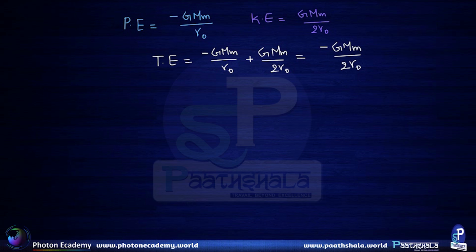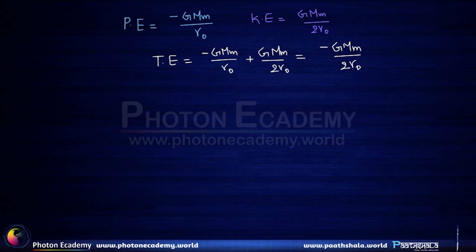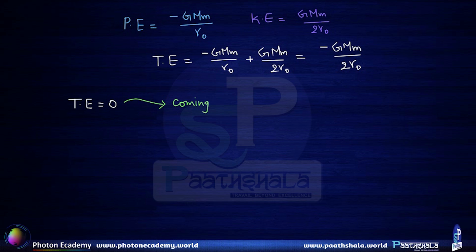So this is the total energy which the satellite is possessing when orbiting the Earth. The criterion for the satellite to get out of the gravitational influence is that the total energy of the satellite should be equal to 0. And this is the criterion for coming out of gravitational influence.